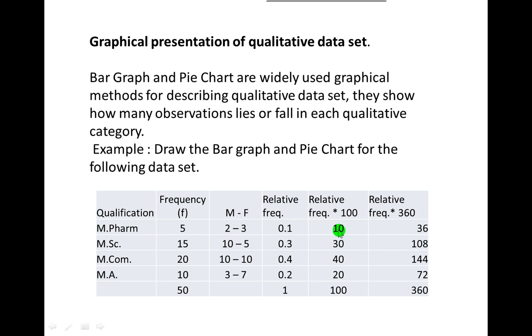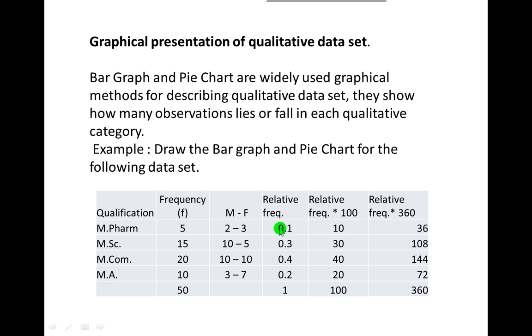Now 10% in angle will be equal to 36 degrees. Relative frequency multiplied by 360. Why multiply by 360? Because the total area in a circle is equal to 360 degrees.